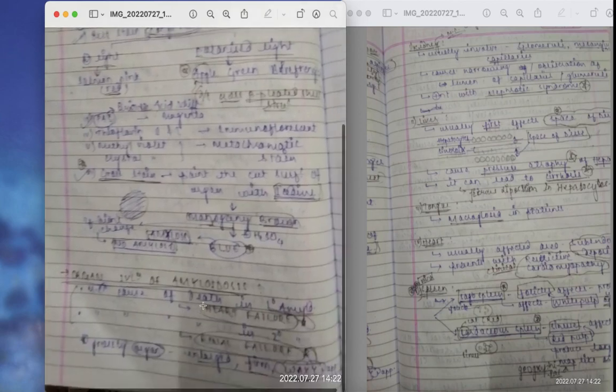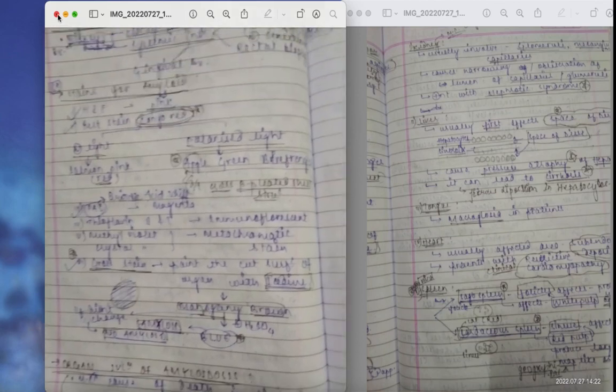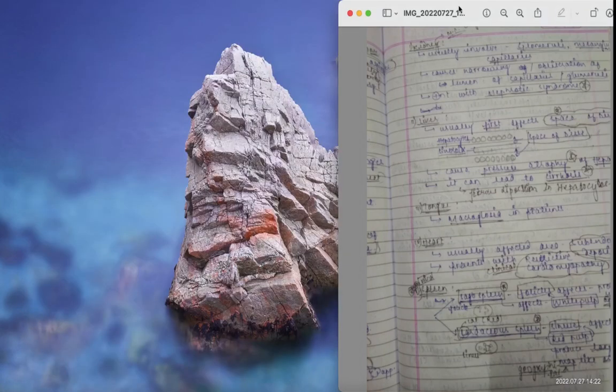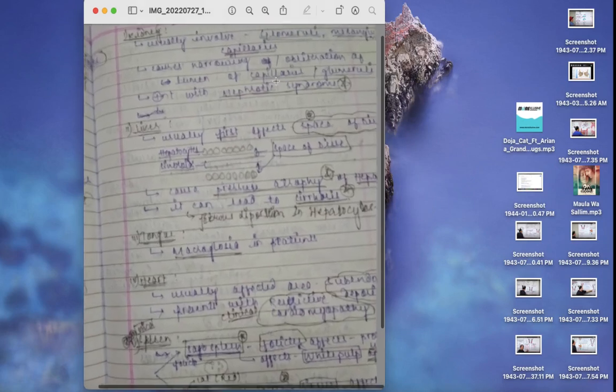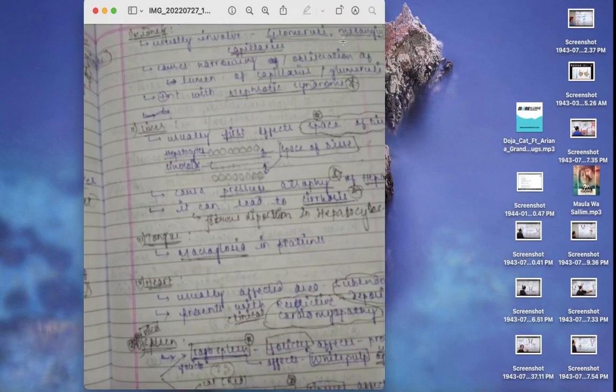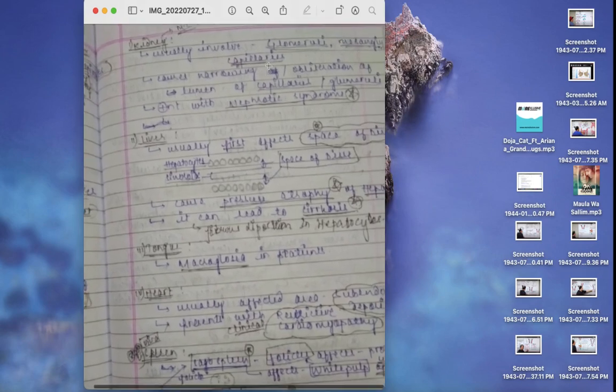Now, the organ involvement in amyloidosis, the final slide we are moving on to. First up, the kidney, most common. It usually involves the glomeruli, mesangial cells, and the capillaries, causing narrowing and obliteration of the lumens of capillaries and glomeruli.